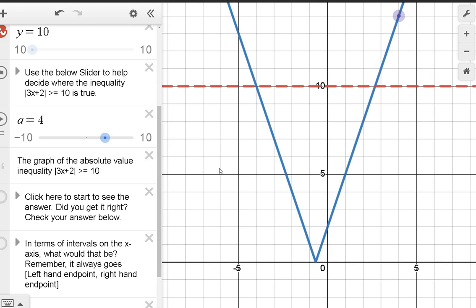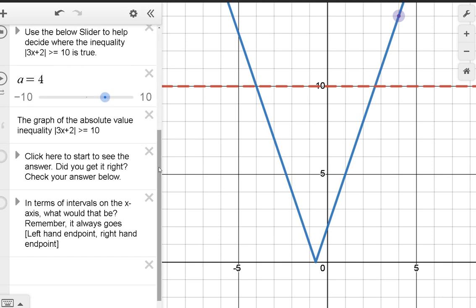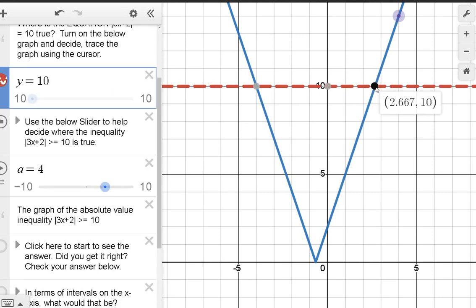Now, you don't necessarily have to have a good visualization of this to be able to work these things, but maybe it's not too bad to look at things. Let's click here and here. The answers to my problem are going to be the intervals to the right of this. So 2.667 is as close in decimals as you're going to get here to 8/3.